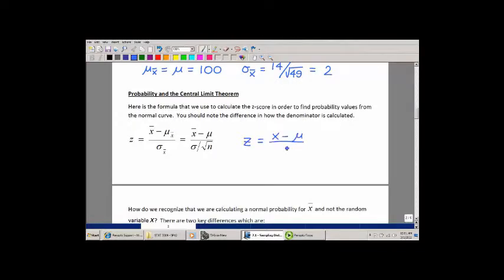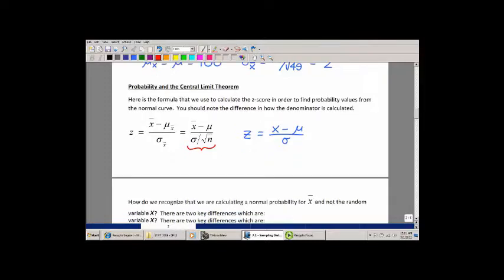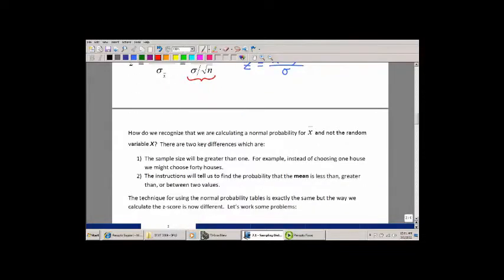X minus mu over sigma. But now, look at my denominator. It's sigma divided by the square root of n. So as long as we do that, and then of course the way we interpret the z-score, either using the calculator or using the chart, will be the same. So as long as we remember to do this, we will be in good shape.